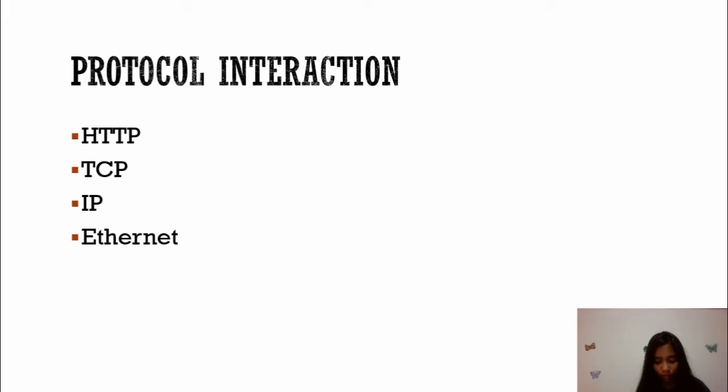So we have the HTTP, TCP, IP, and the Ethernet. So for the HTTP, that is the application protocol that governs the way a web server and a web client interact.